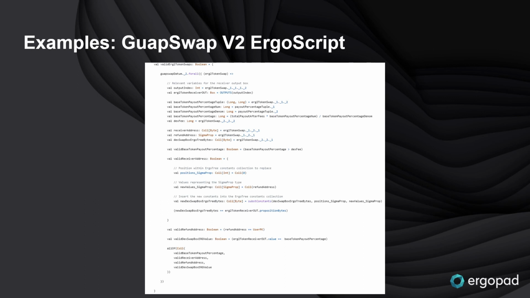Even though the Ergo script itself is really simple, we've just written a bunch of statements that have to be booleans. It's the interpretation, what are you actually manipulating, that's where the complexity arises. It's a simple language, but you can do complex things with it.